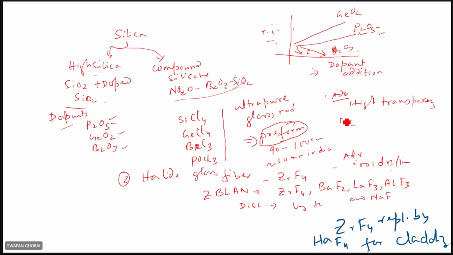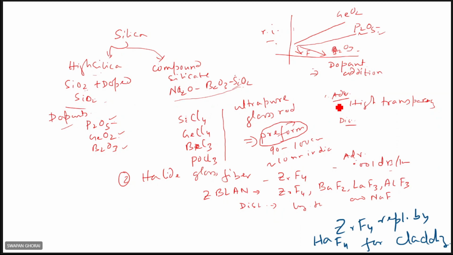But the disadvantage is that the glass melting point is very high, around 2000 degrees centigrade. So if you require the fabrication of fiber through melting, then it will be a difficult process. Otherwise, of course, some vapor deposition techniques are there where you can use the preform, and from that you can draw the fibers.